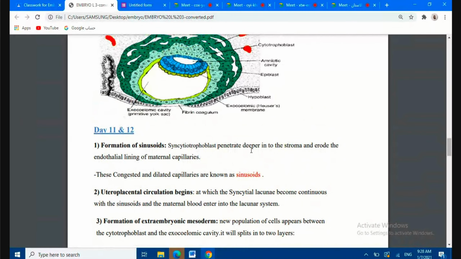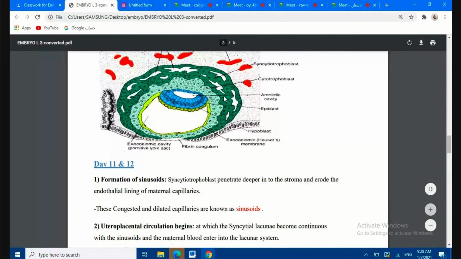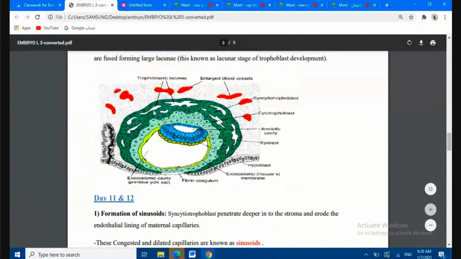They will penetrate deeper into the stroma and erode the endothelial lining of the maternal capillaries. Look, it is not the stroma of the embryo that is penetrated; it penetrates that of the mother. It is like a parasite.